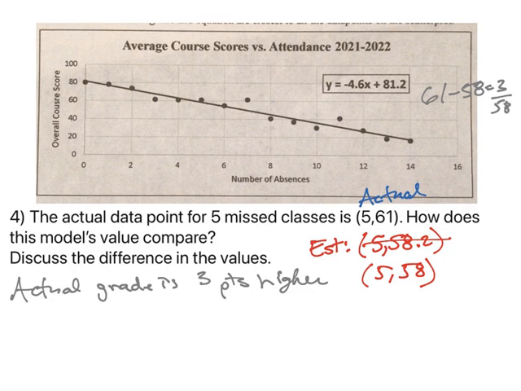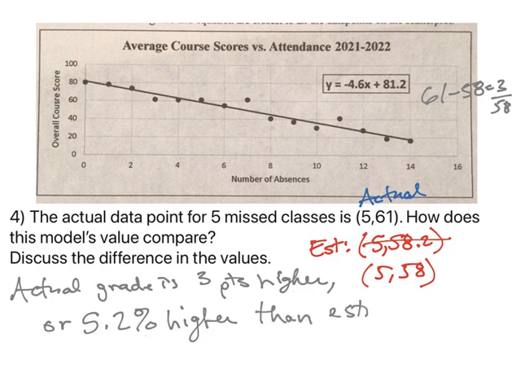And then if I take 3 and I divide by 58, I would say it's 4.8%. Oh, hold on a second. I used 58.2 in my notes. So let me change that to, it would be roughly 5.2% higher than the estimate.